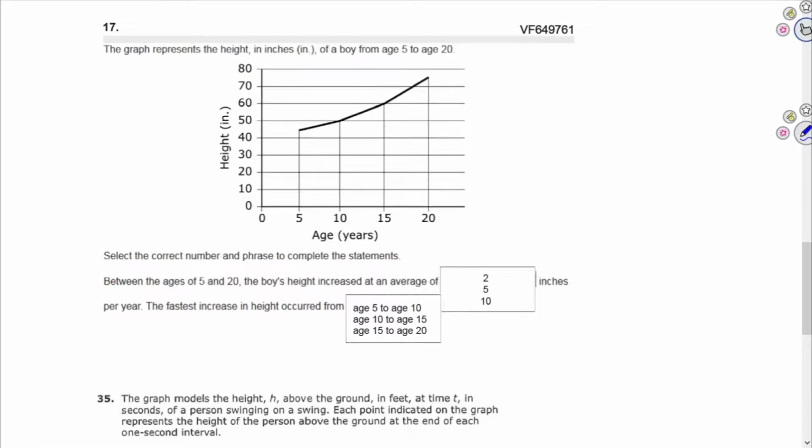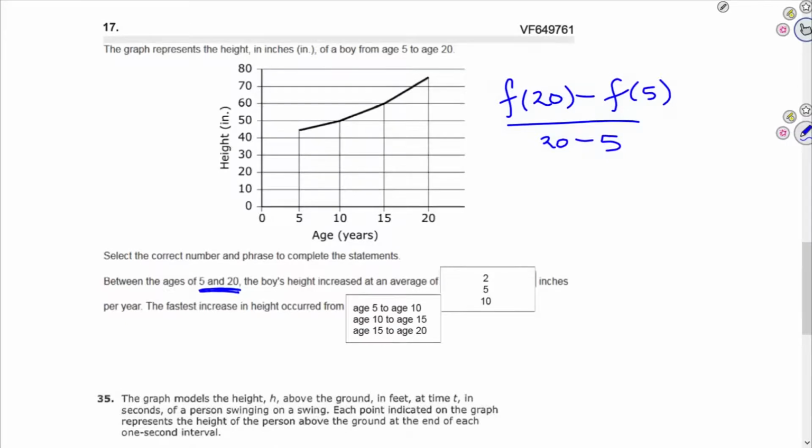Select the correct number and phrase to complete the statements. Between the ages of 5 and 20, the boy's height increased at an average of blank inches per year. So my interval is from 5 to 20. The function value at the end minus the function value at the beginning divided by 20 minus 5.